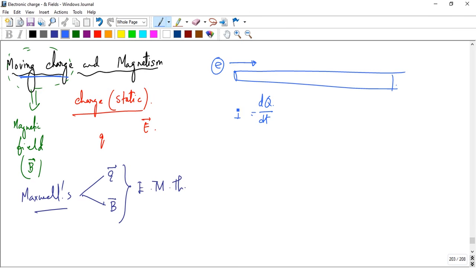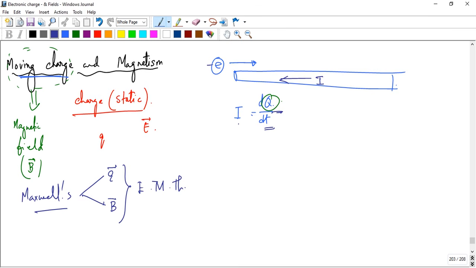So we get current. The moving charge with respect to time creates a current, and that current passing through the wire I creates a magnetic field surrounding that wire.